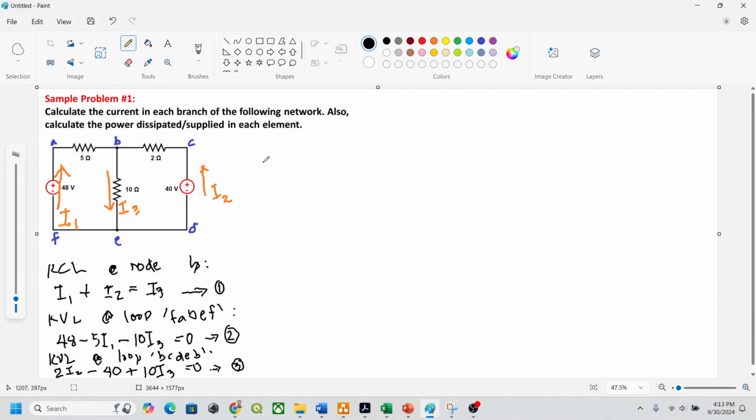We need to rearrange these equations. If you will be using your calculator, you need to rearrange your equations.